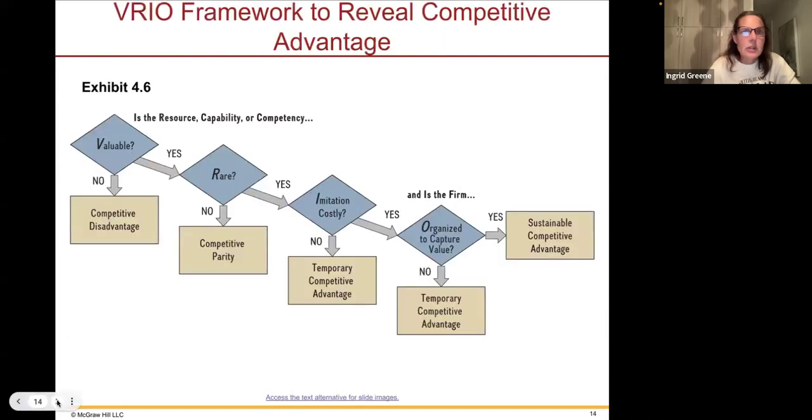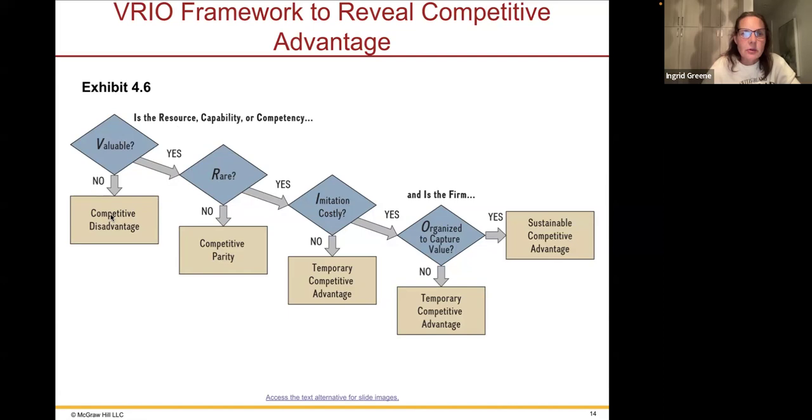Let's keep talking about the VRIO framework. Here it gives us a little flow chart, and this flow chart could be a really great opportunity for you to put into your client projects and help the client understand whether they are moving towards competitive advantage. First, is the resource, capability, or competency valuable? If it is, great, then we move on to rare.